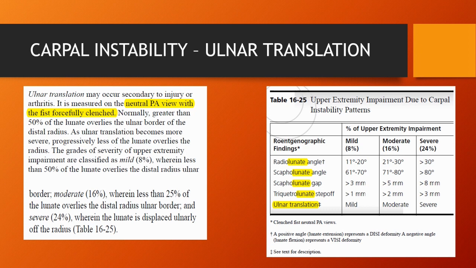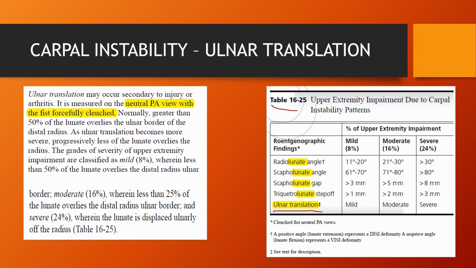Finally, the AMA Guides describes a third type of non-dissociative carpal instability pattern, and that is the pattern of ulnar translation. Ulnar translation is given a permanent impairment rating here under Table 16-25. So let's just say a couple words about ulnar translation.